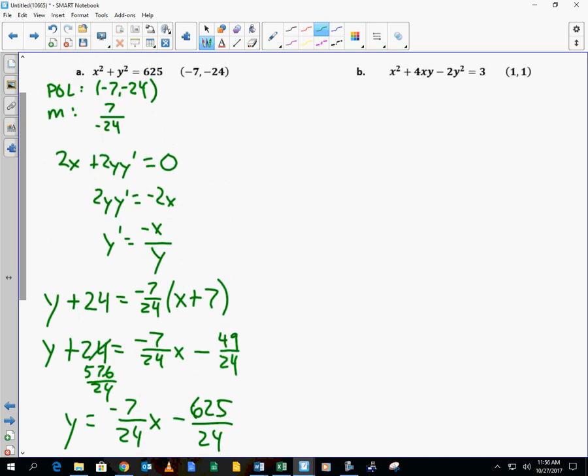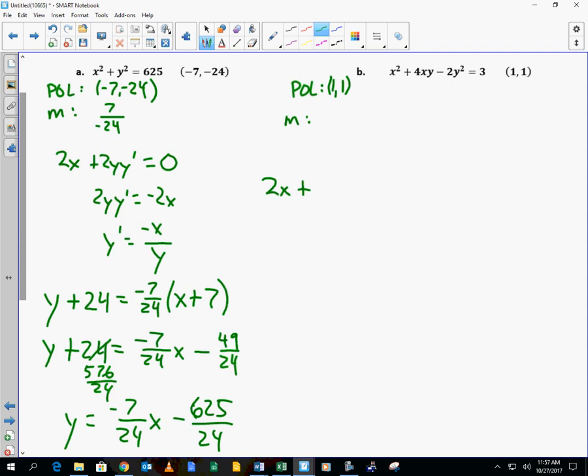So, can I show you kind of a trick? Point on the line, right? 1, 1. In order to find slope, I take the derivative, right? So, what's the derivative of x squared? What do I have to do there?